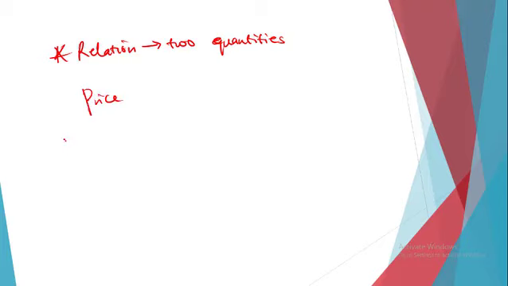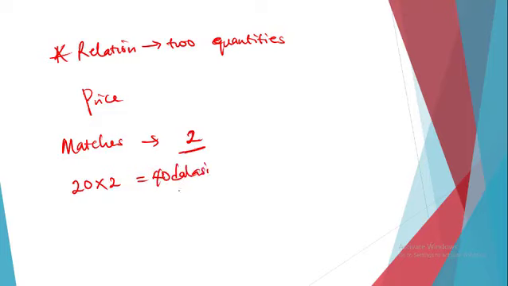Let's take for instance matches. Let's assume that a box of matches is sold at $2, and we want to purchase about 20 boxes of matches. So it would then be 20 times $2, and that will give us $40.